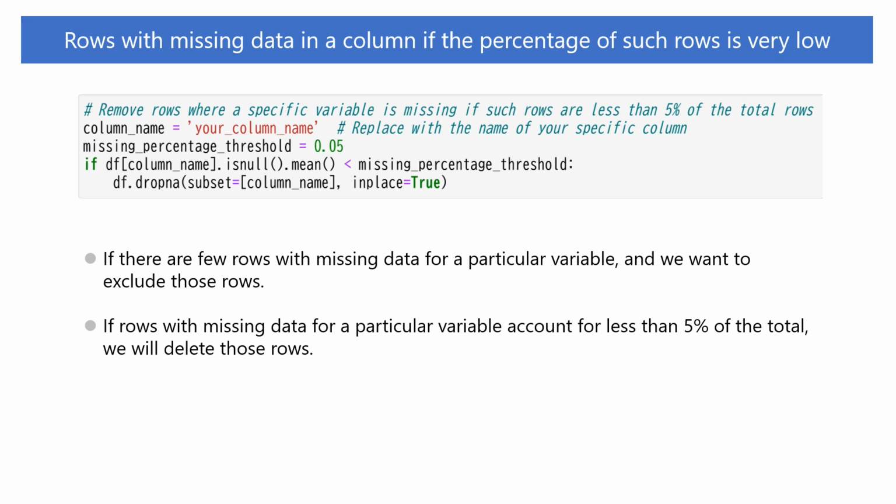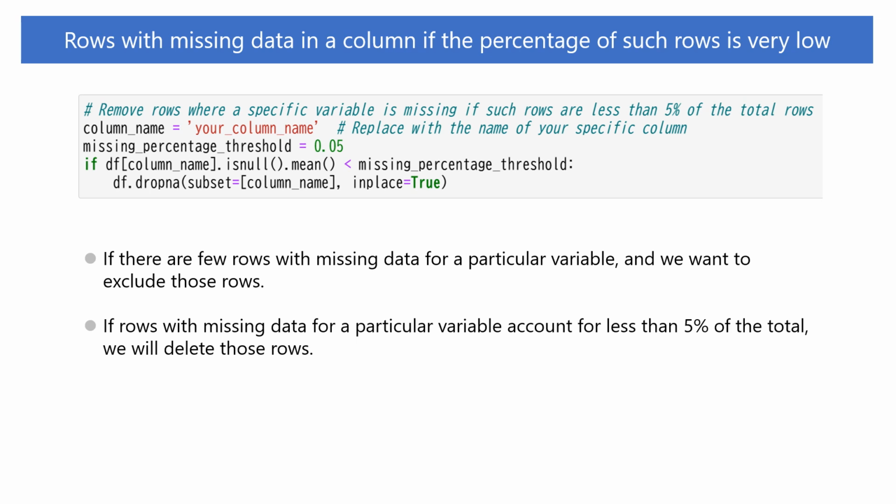Next, let's consider a case where there are few rows with missing data for a particular variable, and we want to exclude those rows. If there are very few rows with missing data for a particular variable, deleting the rows with missing data for that variable is unlikely to significantly affect the overall result. As with the previous code, let's set the threshold to 0.05.